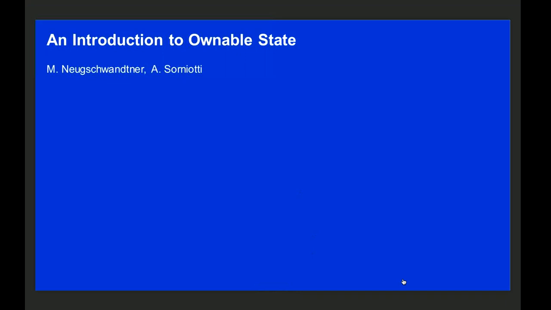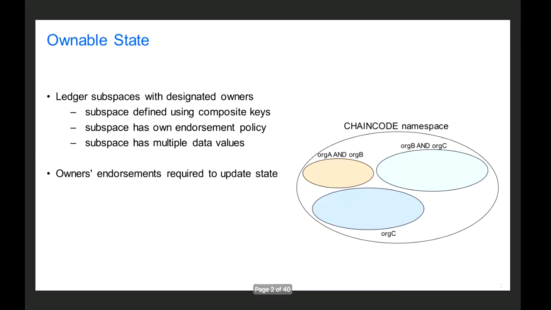Okay. Hi, everyone. Thanks, Ali, for the introduction. So let's get started. What is Ownable State to begin with? Essentially, Ownable State is a ledger subspace that has designated owners. Think of the ledger subspace as, for example, a namespace defined using composite keys.